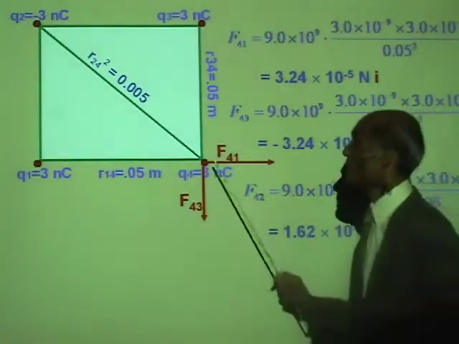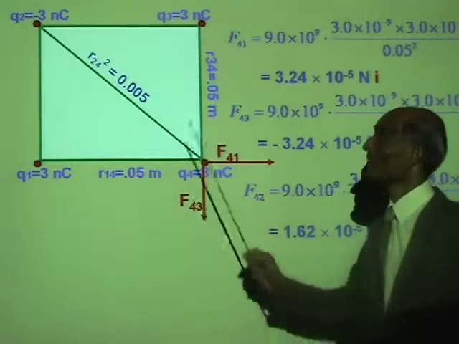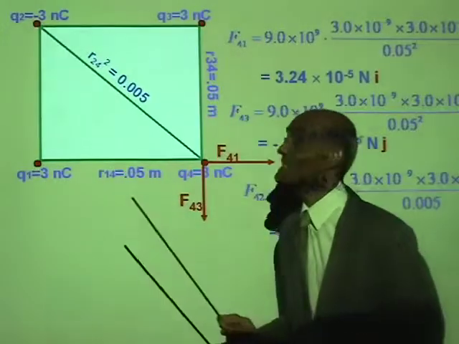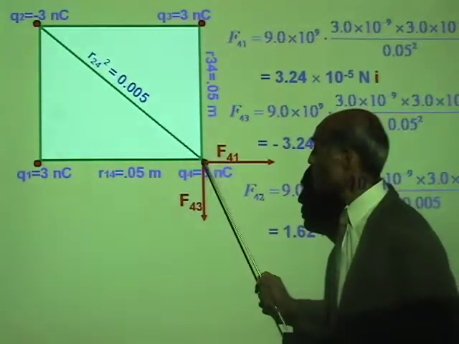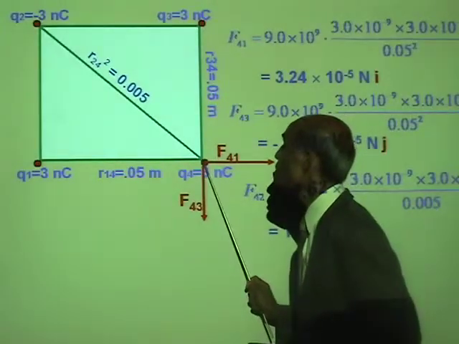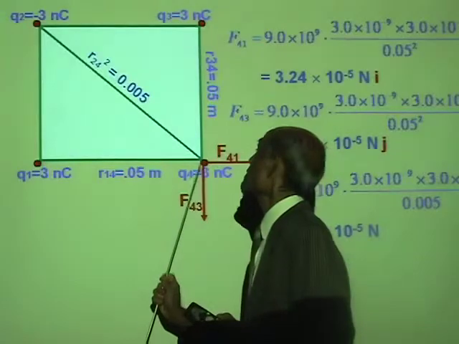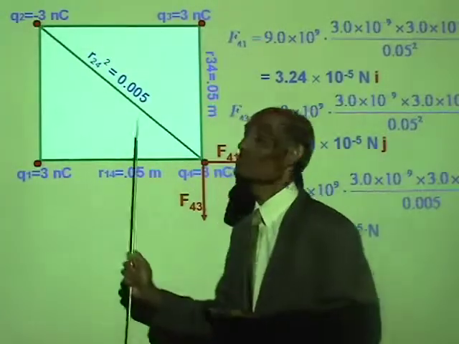But do you know? How do we know what is the direction of the force F42? Well, Q2 is a negative charge. Q4 is a positive charge. That means the force on Q4 is an attractive force. Q4 is pulled towards Q2.